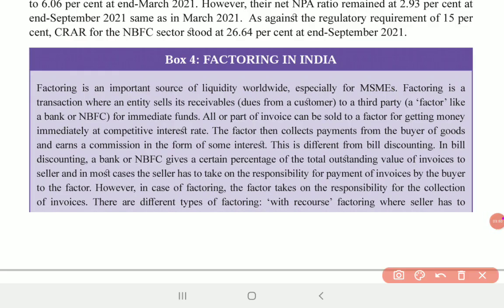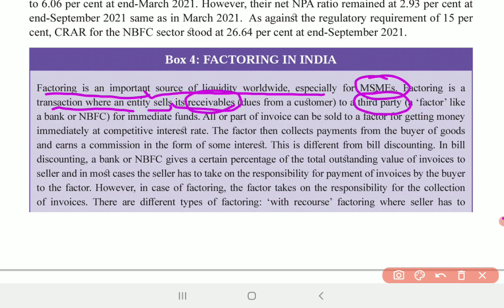Okay. So factoring is an important source of liquidity worldwide, especially for MSMEs. Factoring is a transaction where an entity sells receivables due from a customer to a third party called a factor. It may be a bank or NBFC, for immediate funds.